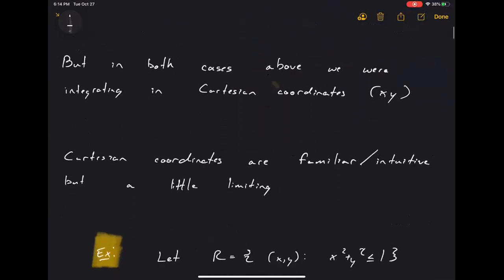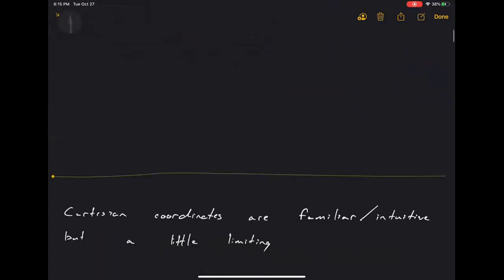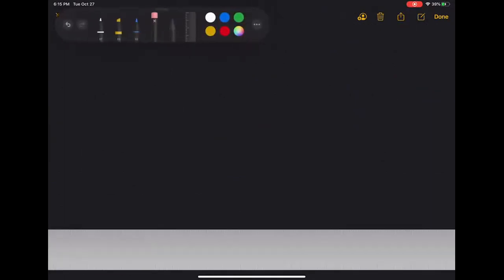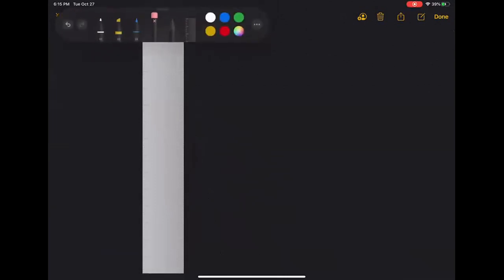The reason for polar coordinates, well, let's first talk about the limitations of Cartesian coordinates. Cartesian, meaning our xy coordinates, they're all well and good, but there's some cases where they don't work as well, right? And we saw this in Calc 2 when we started talking about polar coordinates.